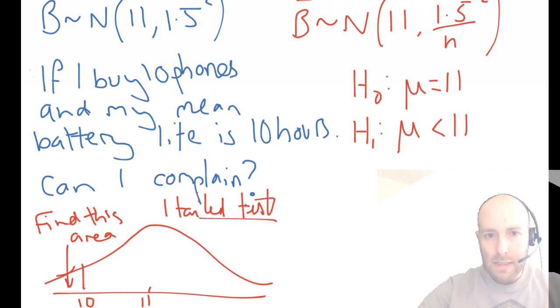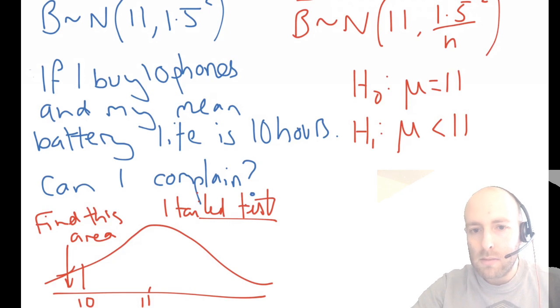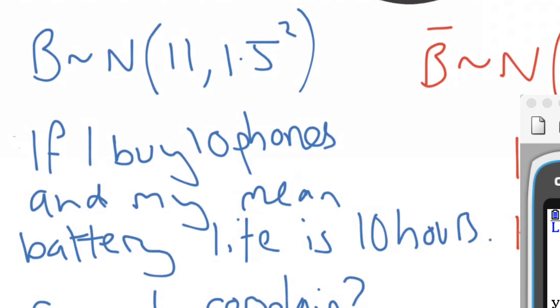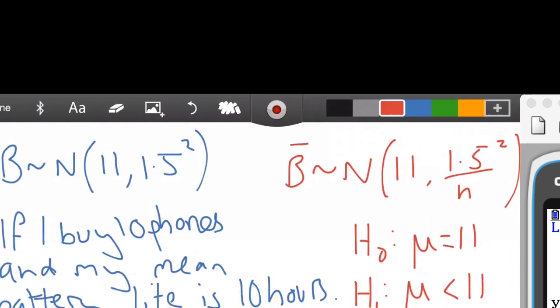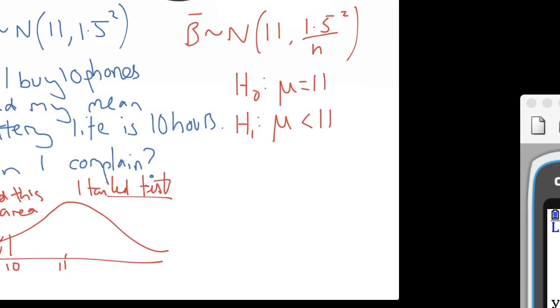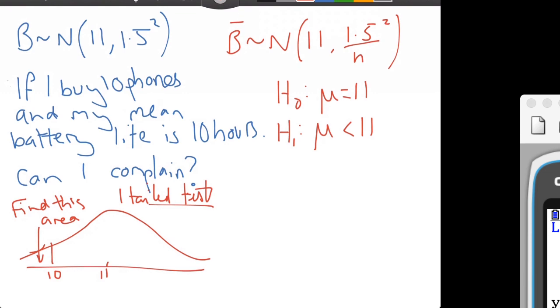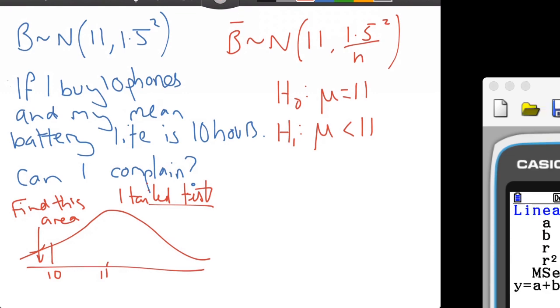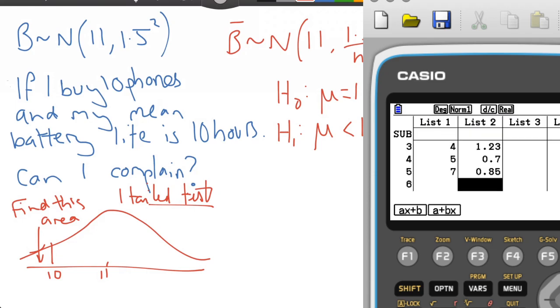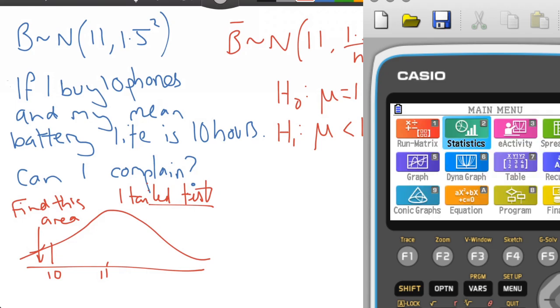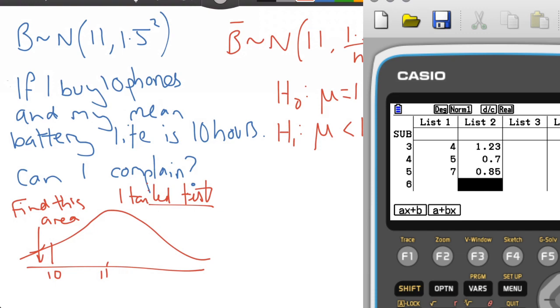Cool. So I can bring up the calculator, which zooms everything in for some reason, so let's fix that quickly. Cool. So on the calculator, we are going to do a normal distribution. We're going to try and find the probability. So statistics, distribution, normal distribution.